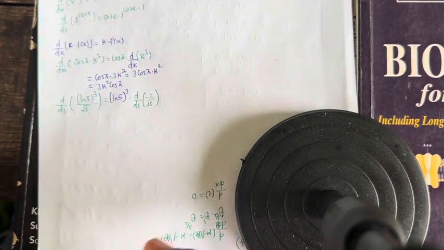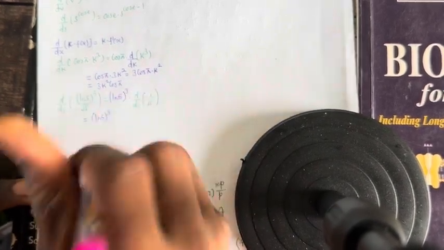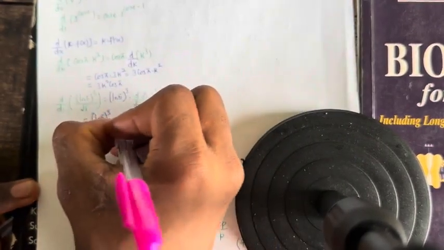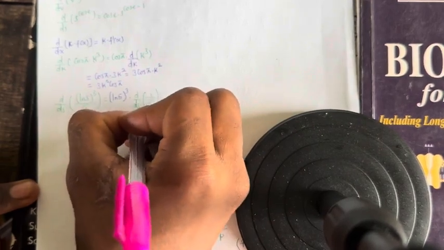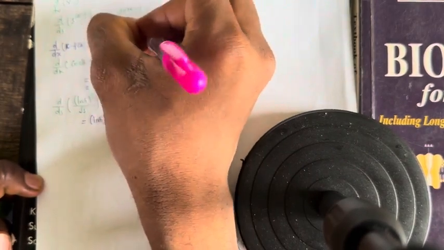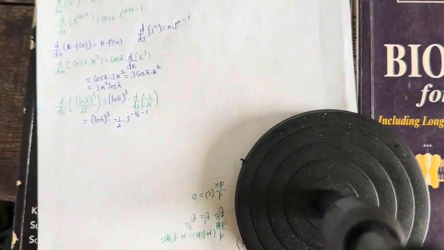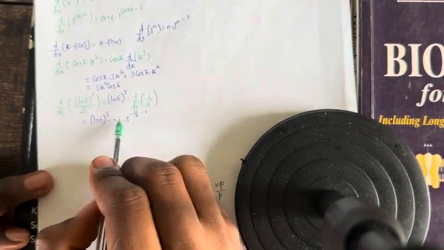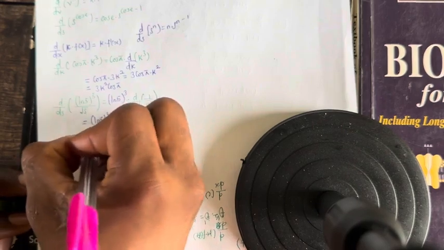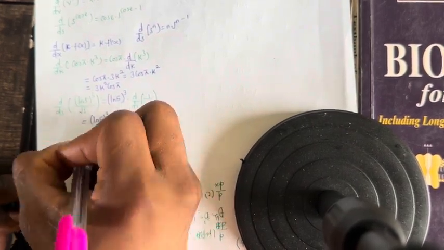And evaluating the derivative of this, this will be ln 5 cube multiplied by, this is the same thing as s to the minus 1 over 2. So that will be minus 1 over 2 times s to the minus 1 over 2 minus 1. The derivative of s to the n is equal to n times s to the n minus 1. The power here is minus 1 over 2, so I just replaced and arrived at this. Follow me. This will be ln 5 all to the 3, sorry, minus 1 over 2.